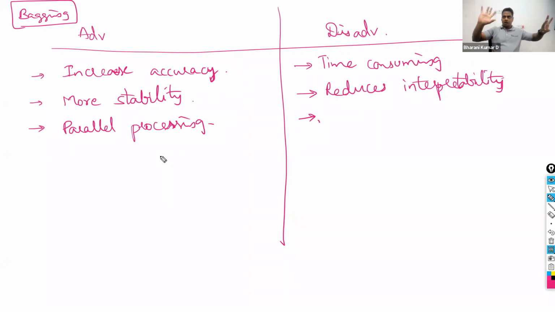You have training and test data. Training data keeps changing, but different algorithms are being built continuously. Algorithm 1, 2, 3, etc. Right? So since all these are different algorithms, you can run those algorithms in parallel. So parallel processing is possible when it comes to bagging. Okay.